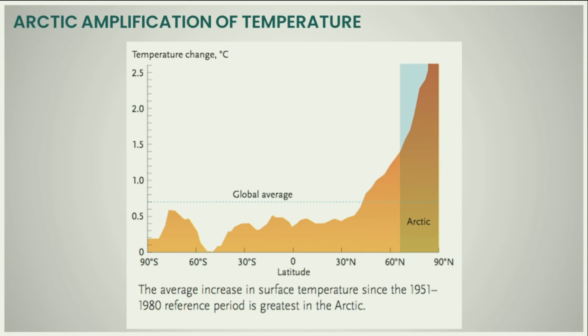And we can see that if we take the global average warming, in the Arctic, north of 60 degrees, it's warmed far more rapidly than anywhere else in the low latitudes or in the Antarctic. So this Arctic warming or Arctic amplification is an effect which we don't fully understand, but it is such that the Arctic is warming about 3 times as fast as lower latitudes. It really is melting very, very fast.